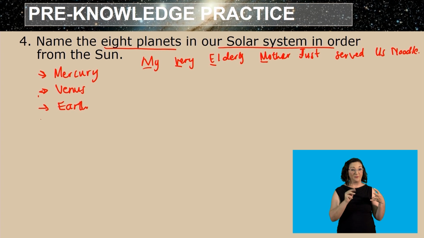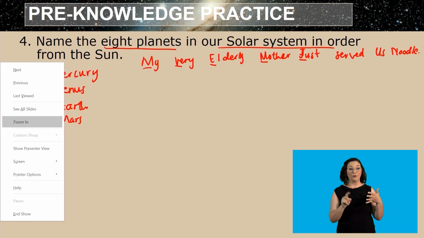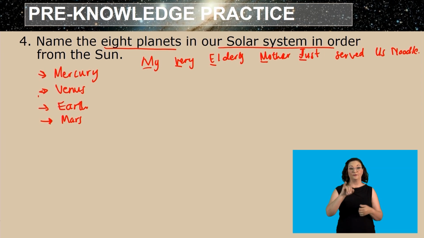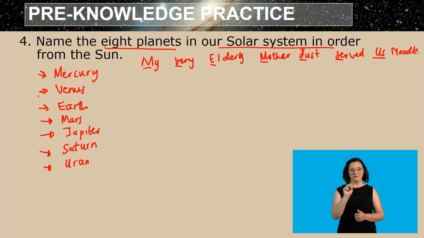and M again for Mars, J for Jupiter, and S for Saturn, and then U there is for Uranus.